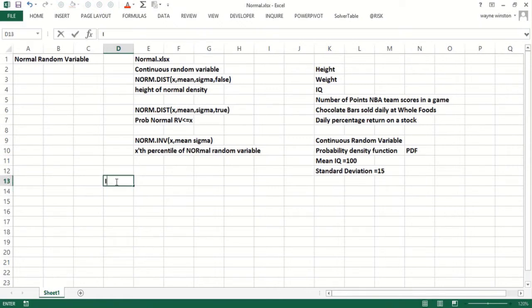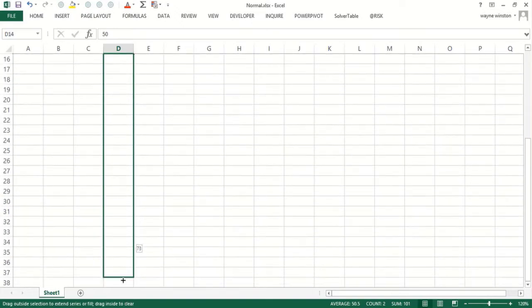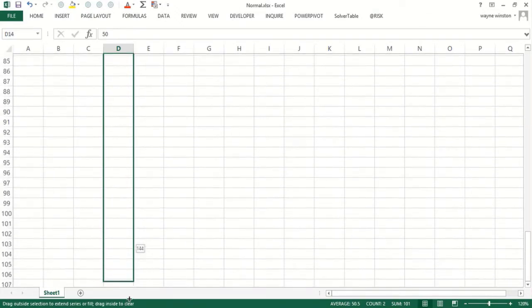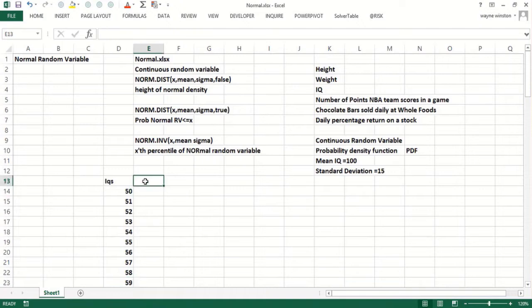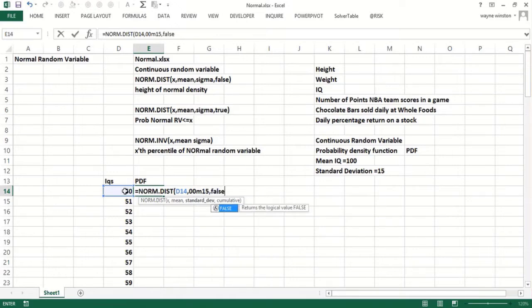So if I would put IQs 50, 51 through 150, and basically the probability density function would be norm.dist, and I put in the value, I put in the mean, I put in the standard deviation, I put in the word false.